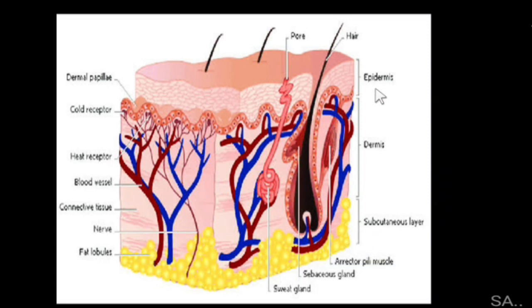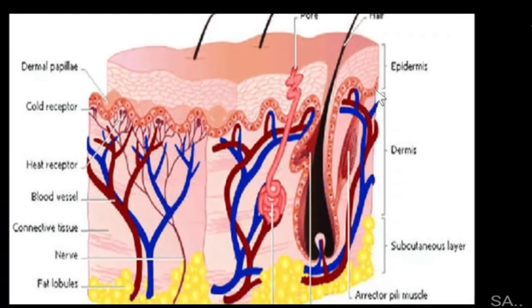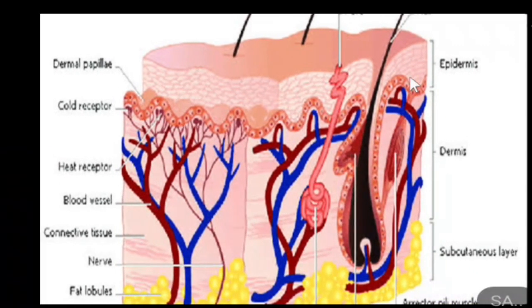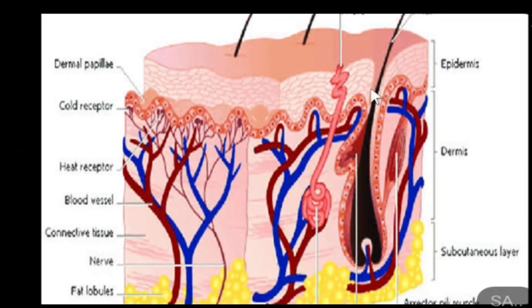So let's start with the first and outermost layer, that is epidermis. If you get a closer look, epidermis is composed of flattened cells, and these are stratified squamous epithelial cells. They are dead keratinized cells. Why are they dead? Because they don't bear any nucleus or any sort of cell organelle. They are termed keratinocytes.